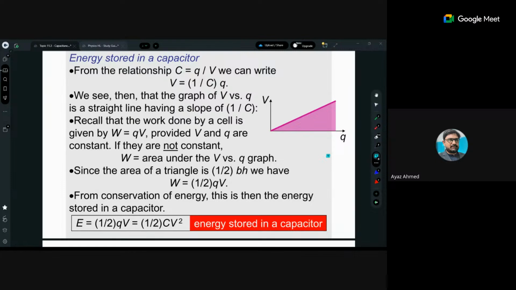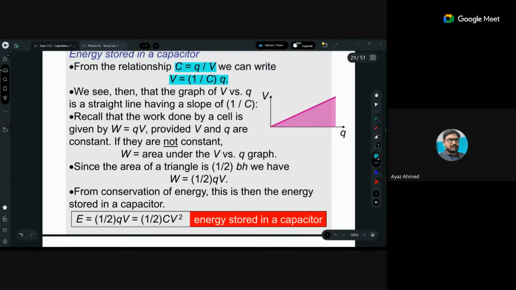From the relationship C equals Q by V, we can write that V equals 1 upon C times Q. So forget about that. Just consider that when we have a relation between Q and V, are they not directly proportional to each other?